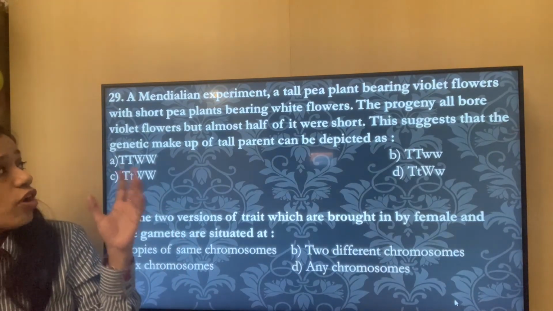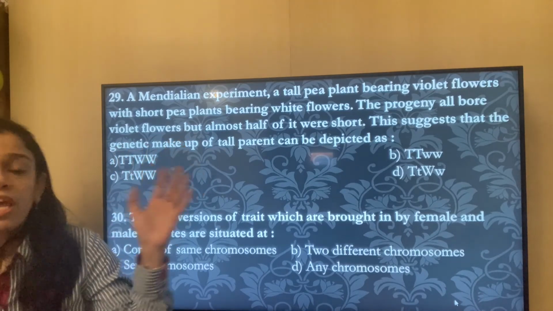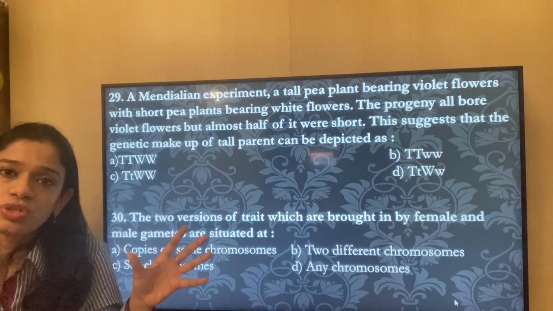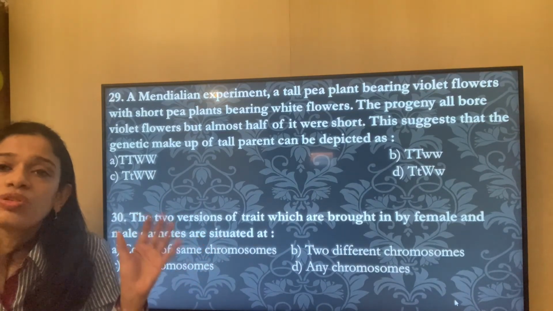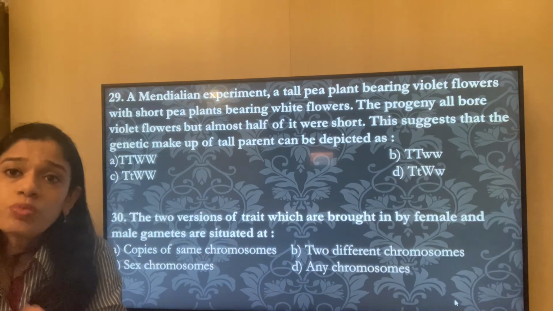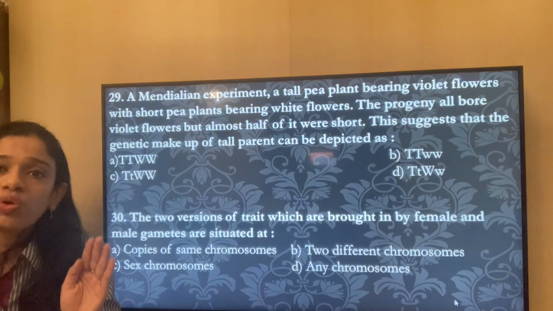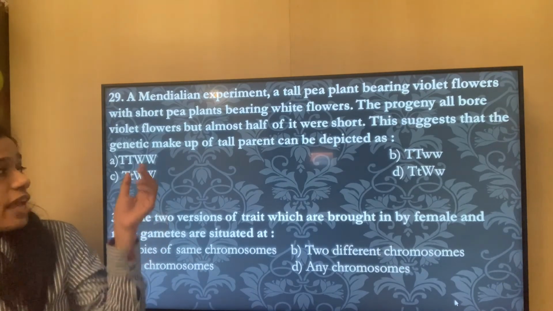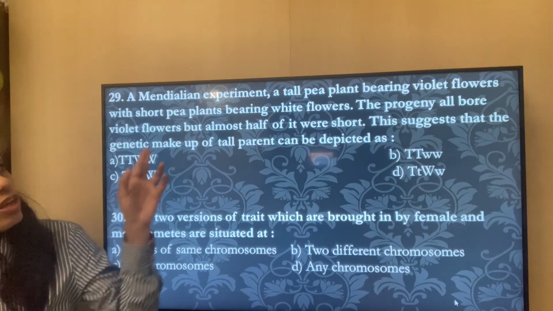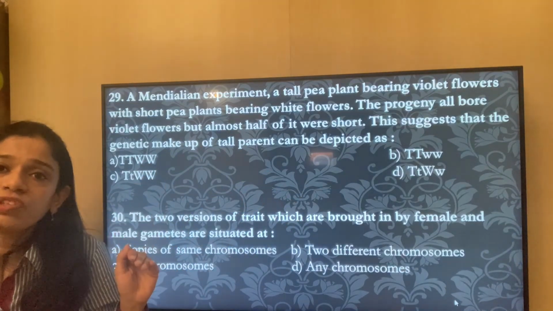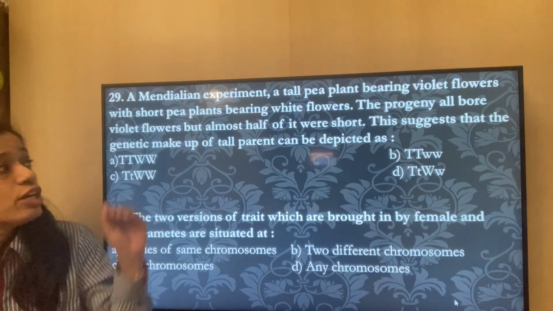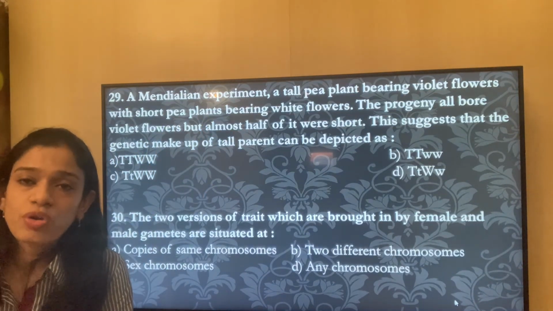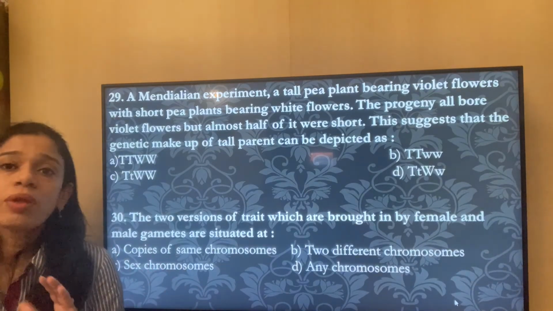Now in the offspring they are telling all are violet flowers. That means in the parental constitution the violet parent was homozygous dominant, with no presence of the recessive trait, that is capital W, capital W. But almost half of the offspring was short, which means the tall parent was not purely dominant.